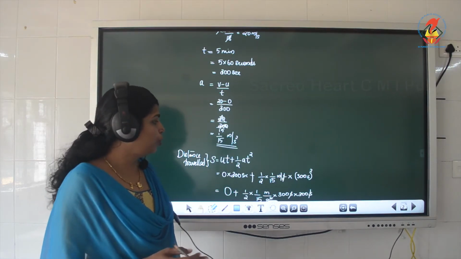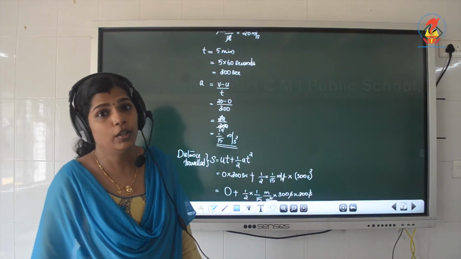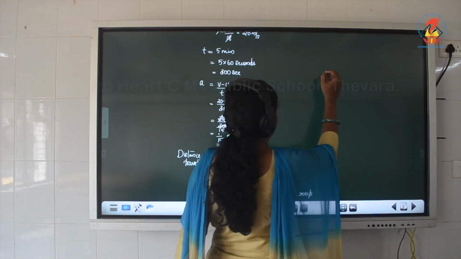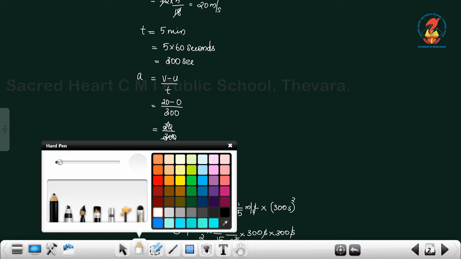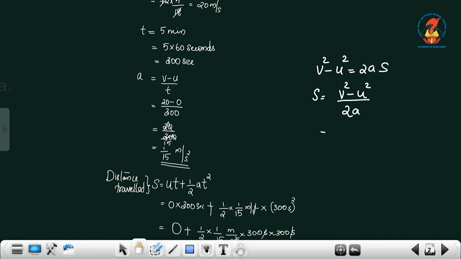Now here I will show you with the equation v square minus u square equal to 2as, or s equal to (v square minus u square) by 2a.